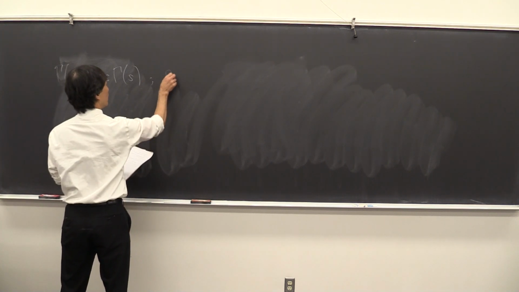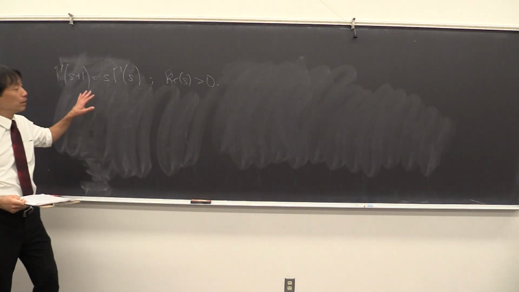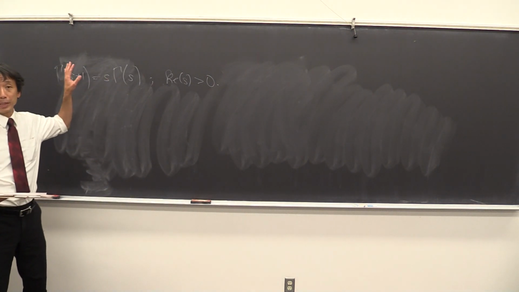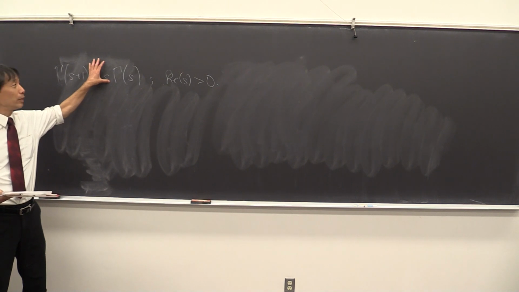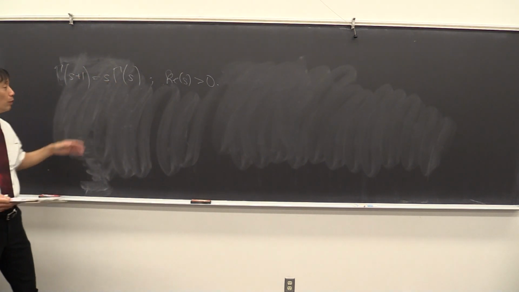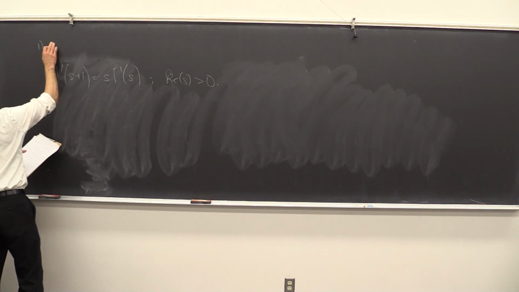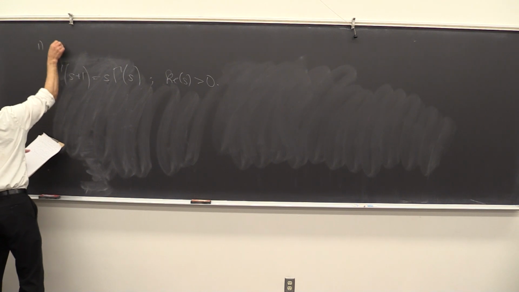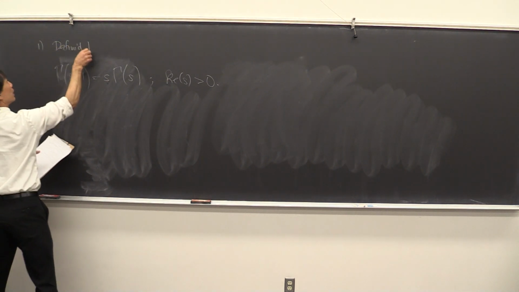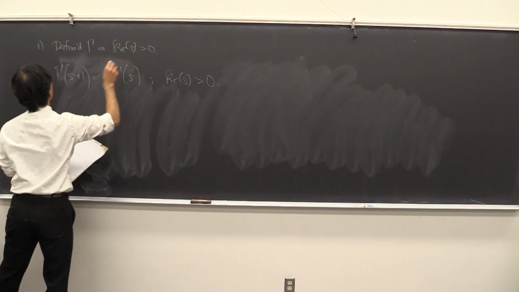So we got this equation first, and then we showed that we could get the extension to the whole plane. So, one, we defined gamma on the right half plane.